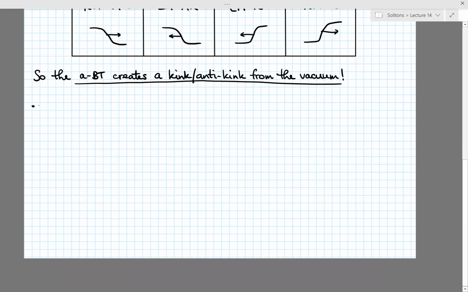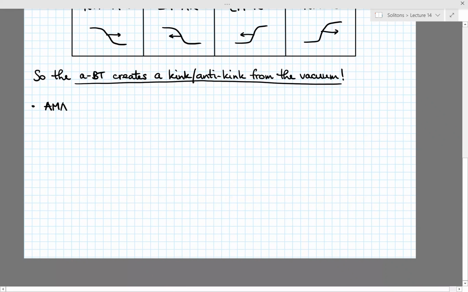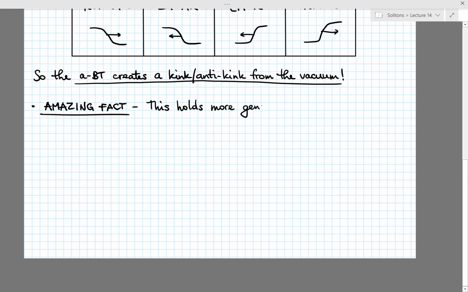But what is even more amazing is that this holds more generally. Namely, the auto-Backlund transform applied to a solution of the Sine-Gordon equation always adds a kink or an anti-kink.